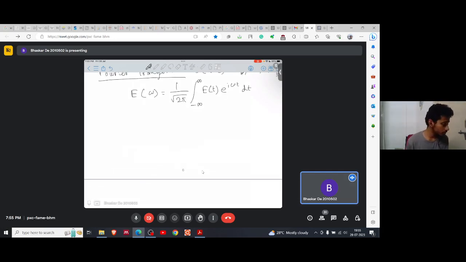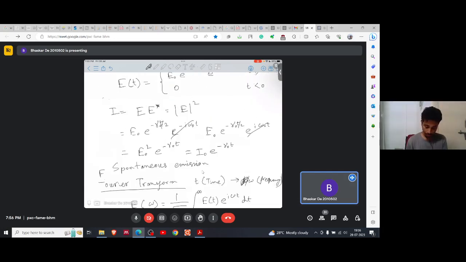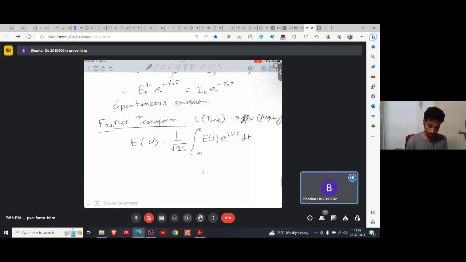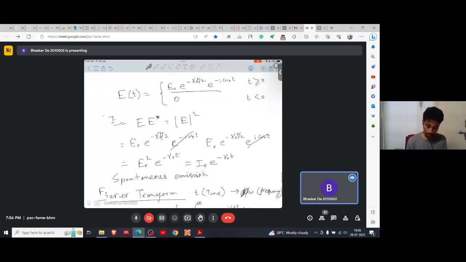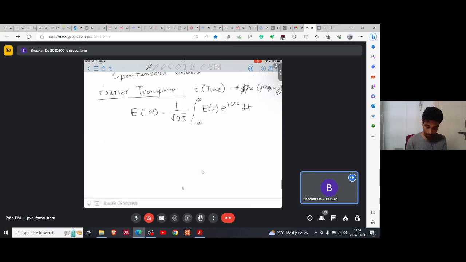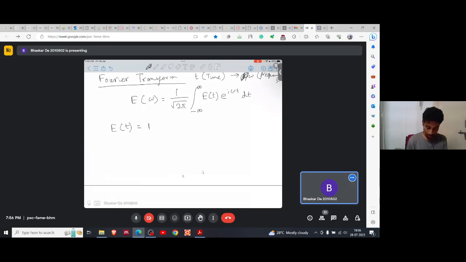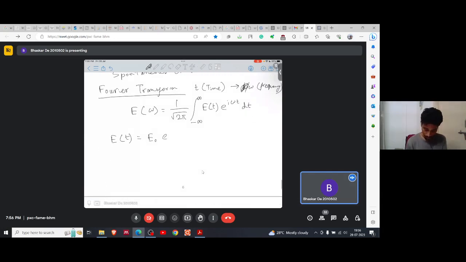Now if we perform this Fourier transform for this particular electric field, for example if there is no decay, the electric field will be E(t) equals E naught e to the power minus i omega naught t. If we perform the Fourier transform, we will have 1 by root 2 pi, integral from minus infinity to plus infinity of E naught e to the power minus i omega naught t, e to the power i omega t dt.